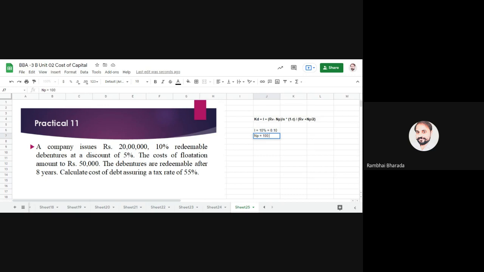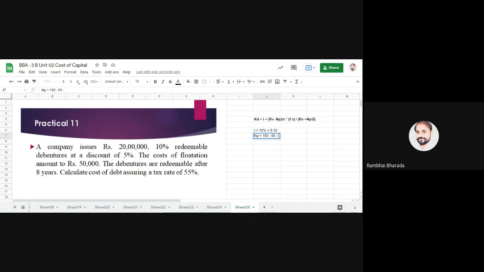Always 100 for each and every practical question, whether it is equity shares, preference share, or debenture. It remains same, 100 minus. Now 5% discount, 5% of 100 rupees, 5, minus issue expenses. See, in the third line, something is given to you.